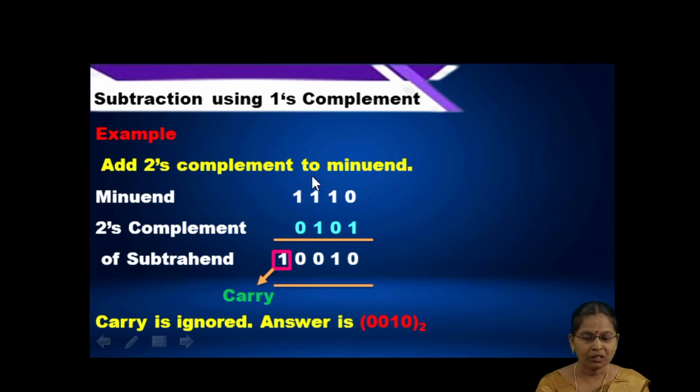So the carry is added to the previous bit, 1 plus 1. So we get 1 0. In this, carry is generated. If carry is generated, we have to ignore that. So the result is 0 0 1 0. So the final subtraction using 2's complement value is 0 0 1 0.